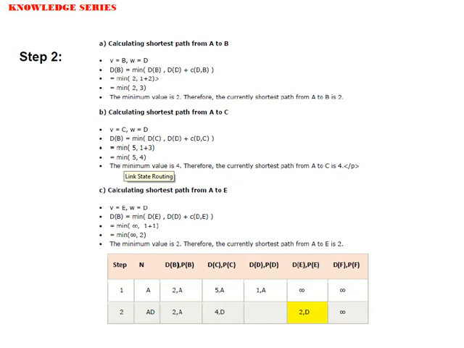And D(B) is 2 here in this case. Under this scenario, A is the starting node, D is the neighboring node, and B is the neighboring node of A.